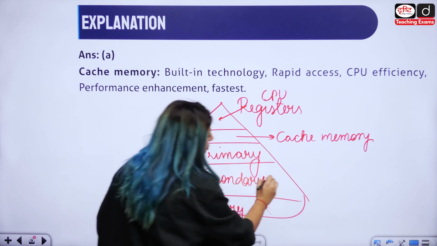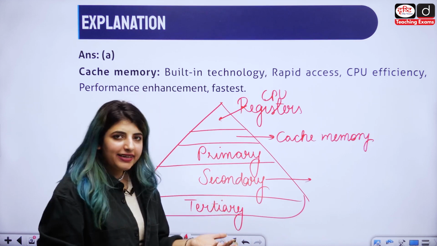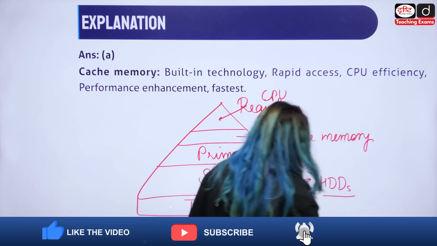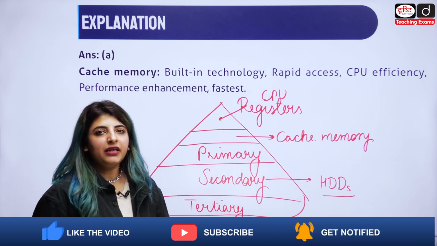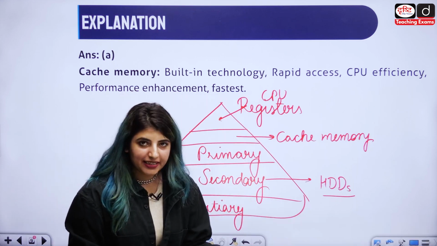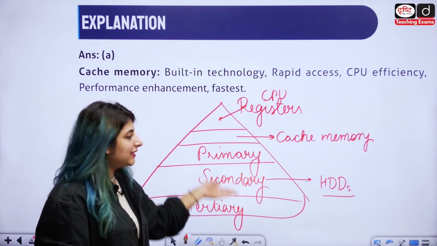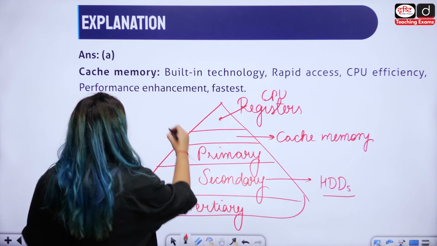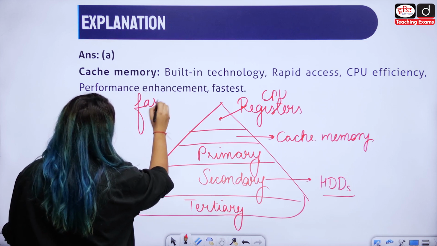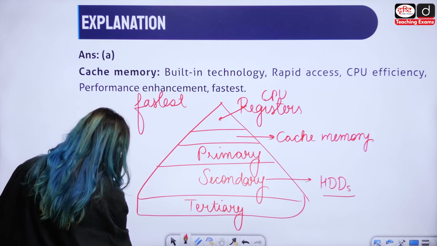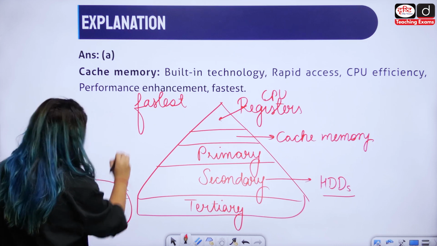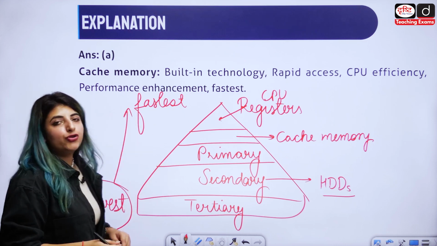Secondary consists of hard disk drives, solid state drives, HDDs, etc. Tertiary has magnetic tapes and all, right? So you'll have to memorize the hierarchy in this manner. This one is the fastest and this one is the slowest of them all. Correct? So this is the hierarchy that you should be learning.